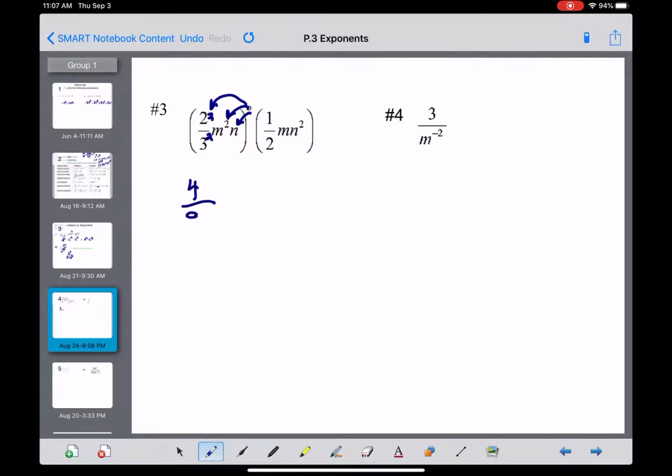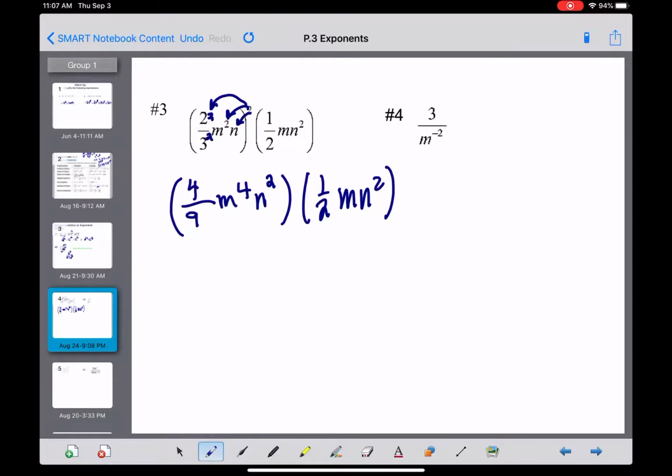So 2 squared is 4, 3 squared is 9. And then you have m squared squared, so that's going to give you m to the fourth, and then n squared. And that's times 1/2 mn squared. And at this point, we don't really need the parentheses because everything's just multiplication.